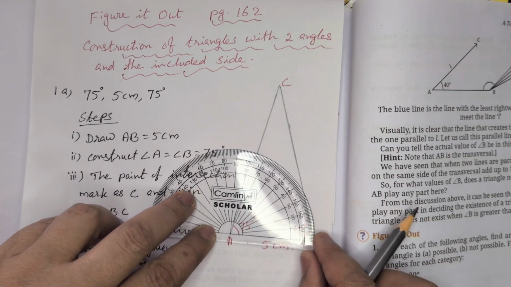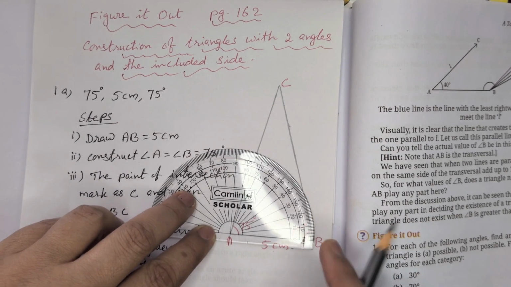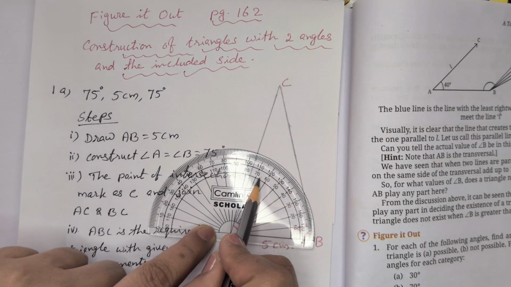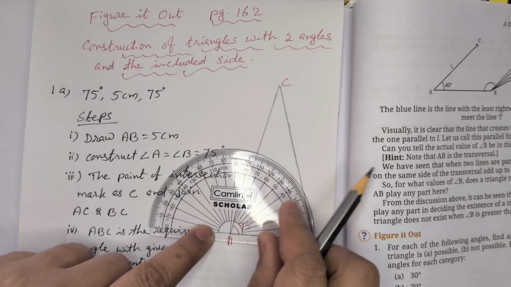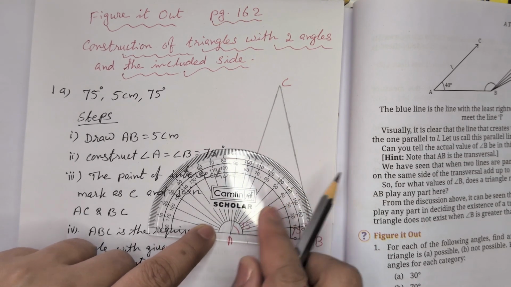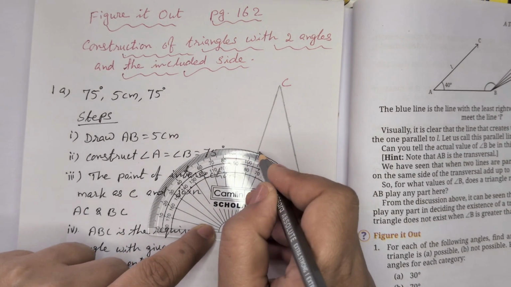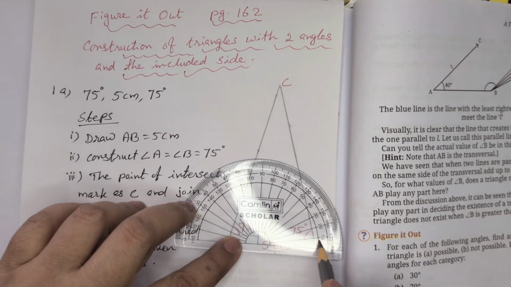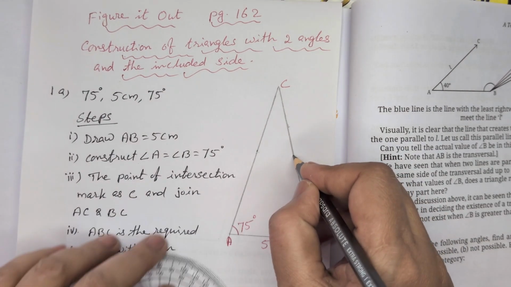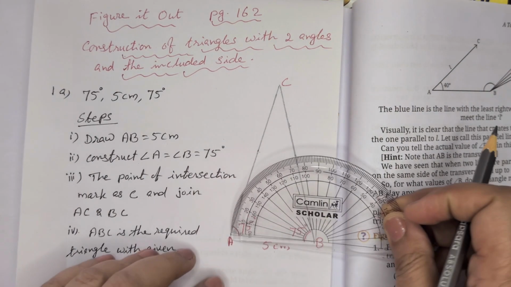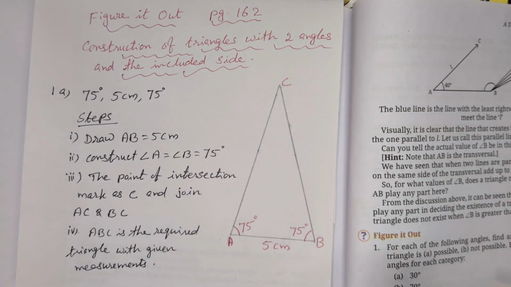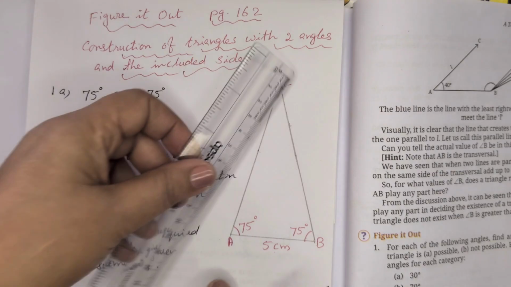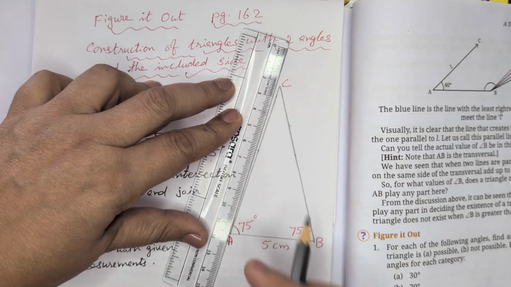Now we can see 10, 20, 30, 40, 70, 80, in between 75. We can mark it here, that 75 with the dot. Same way from B also, we can mark 75 degree here. But that is not intersecting. So we have to extend that line.